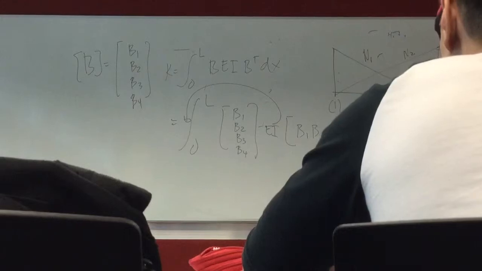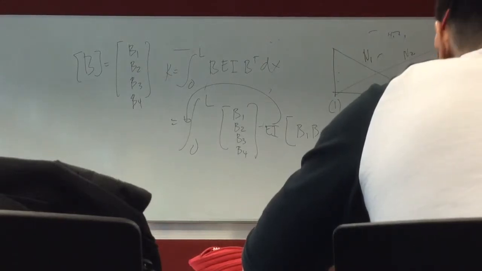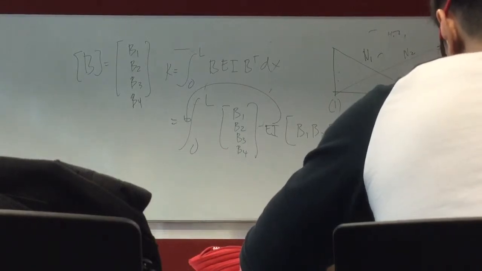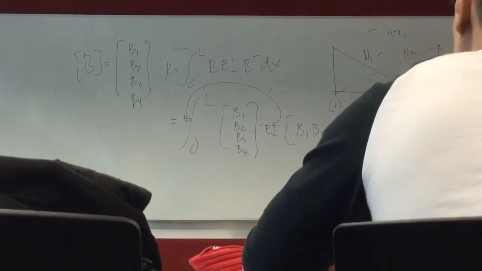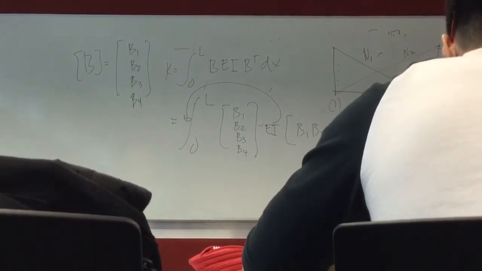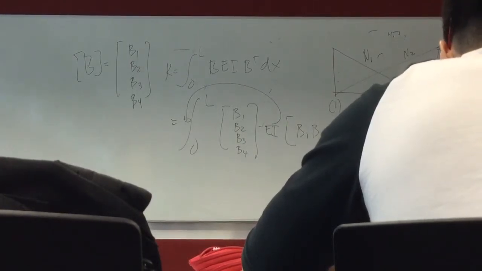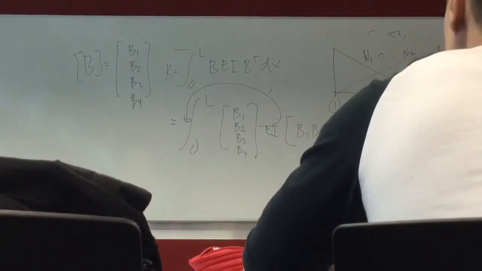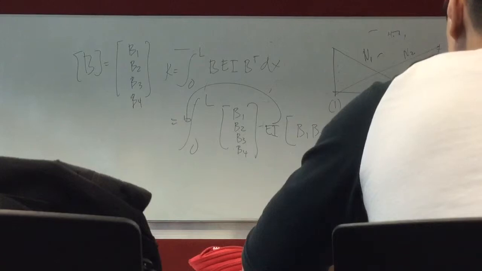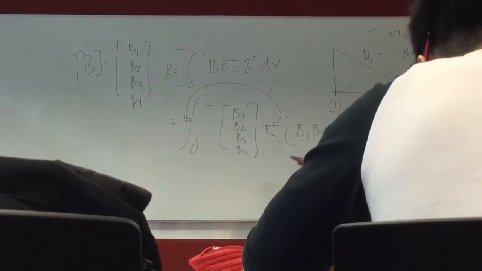So did you get your B's already? B2 is minus 4 over L plus 6x over L squared. That's my answer. B3 is 6 over L squared minus 12x over L cubed. And my B4 is equal to minus 2 over L plus 6x over L squared. So once you get those values, you can proceed to solve for your stiffness matrix.